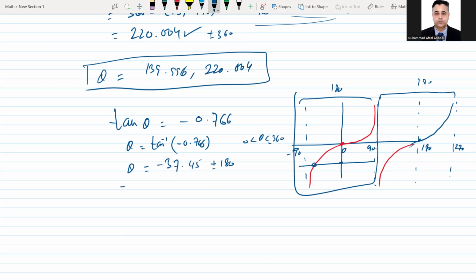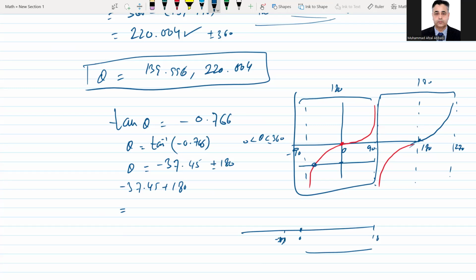Now I'm going to add 180 to negative 37.45 because my answers are only on the positive side from 0 to 360 degrees. So this is my number line I can show you. 0 is here and 180 is here. My answer is negative 37.5. So this is my required interval, and this is not falling in this interval. However, I can reach a similar position by adding 180 to it.